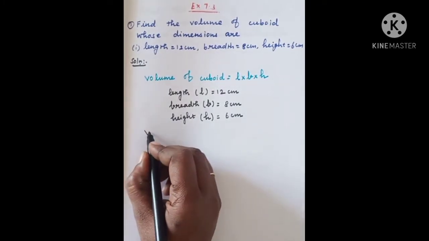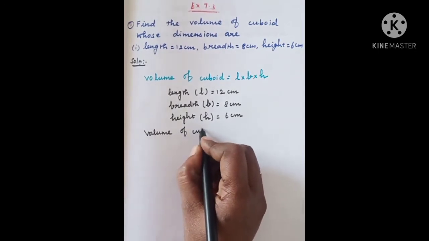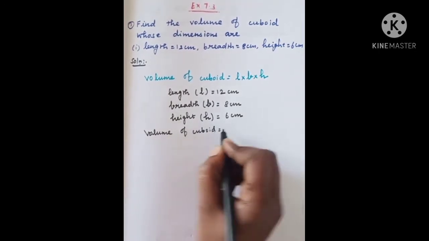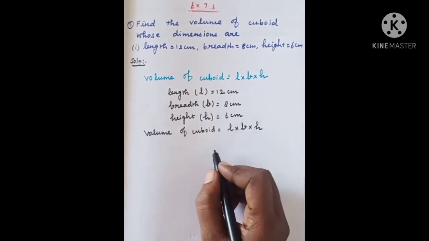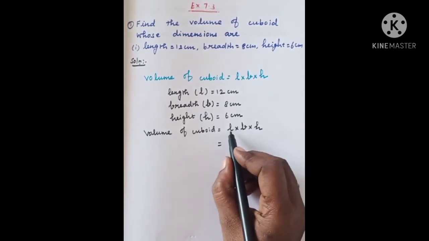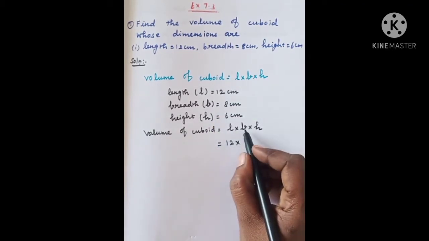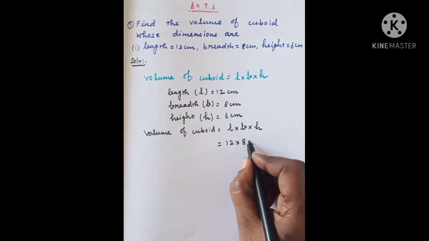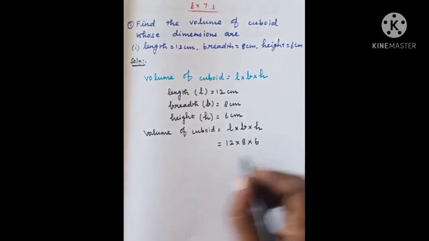Now we have to find the volume of cuboid. So volume of cuboid is equal to, the formula is L into B into H, isn't it? So here L is nothing but 12 and the breadth B is nothing but 8 and the height H is nothing but 6.